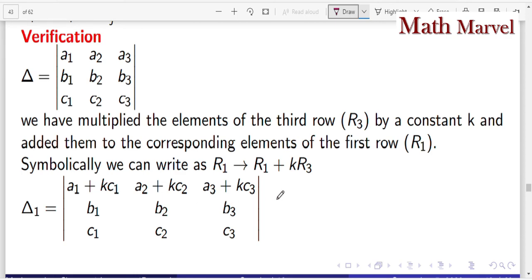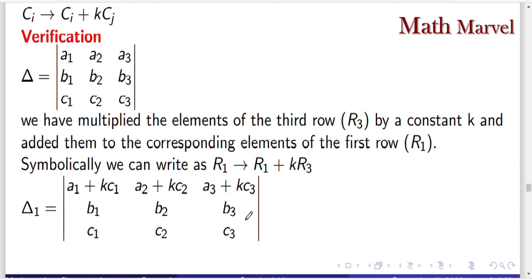So after this operation, row 1 is changed, or we can say that row 1 is affected. Here row 2 and row 3 remain as they are. So according to this remark, for the next operation, we cannot use this affected row, that is row 1.